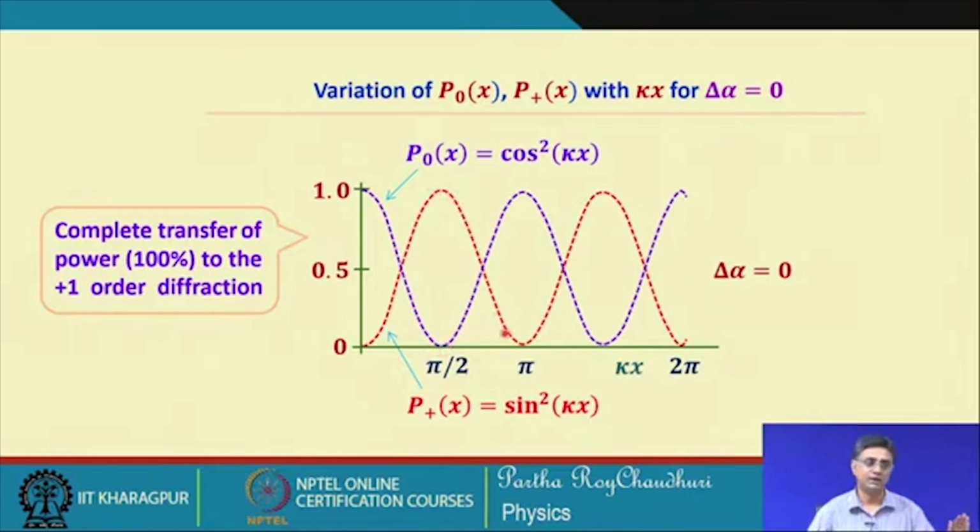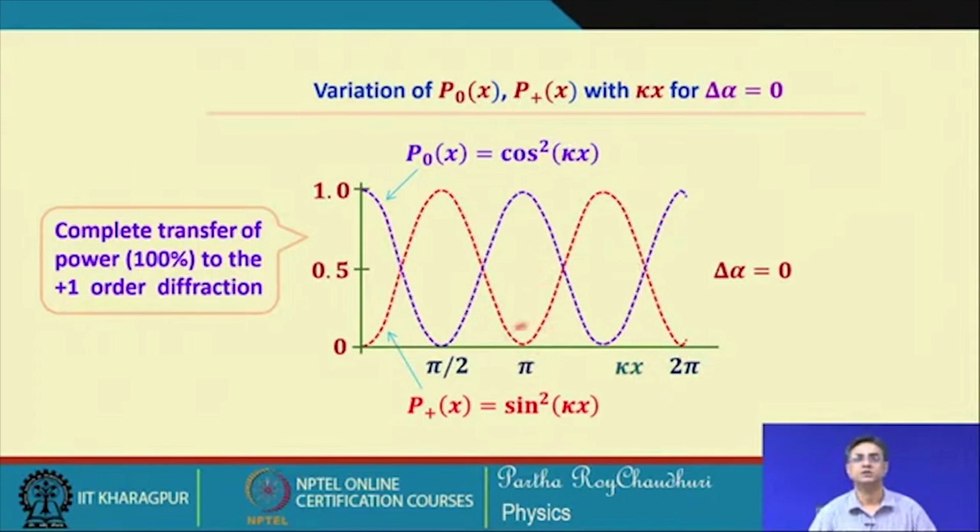When the power in the diffracted order is maximum, there will be no power in the 0th order in the ideal situation, and when there is maximum power in the 0th order, the diffracted order will have no power. This happens at these values of kappa x, pi by 2, because you can see if you put pi by 2 here, and twice pi.